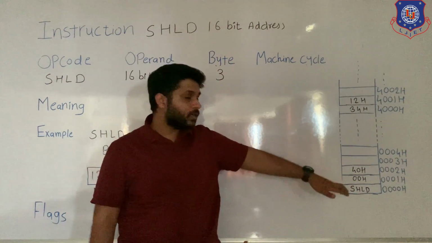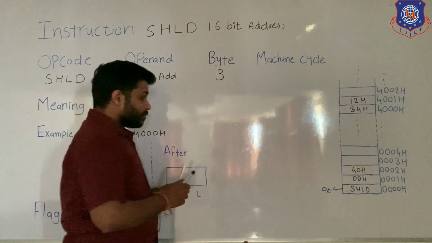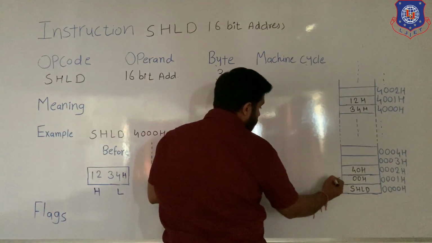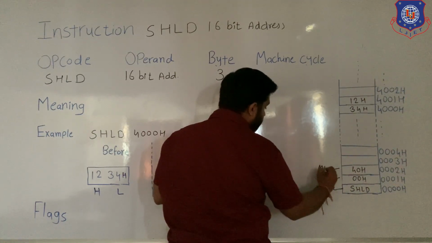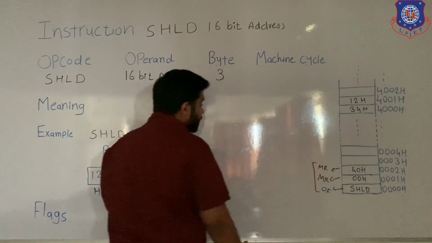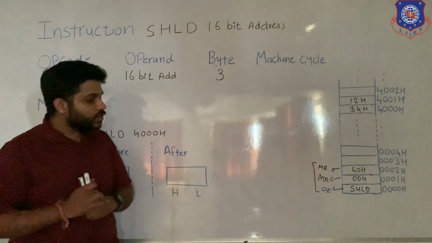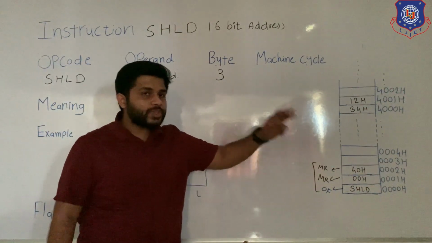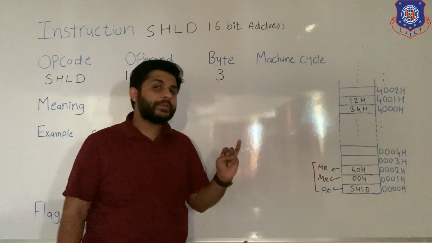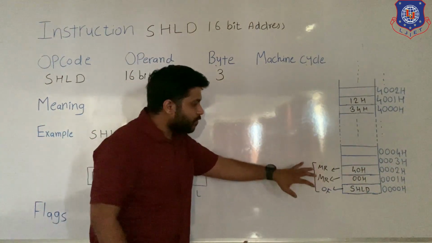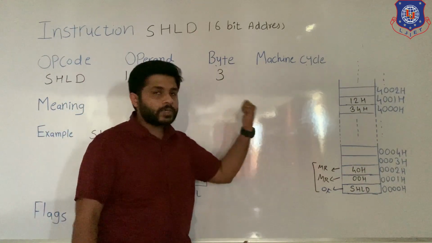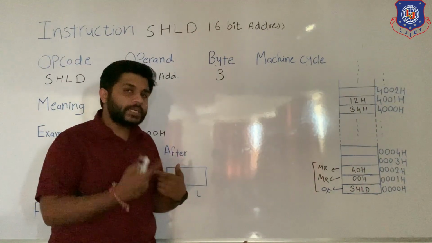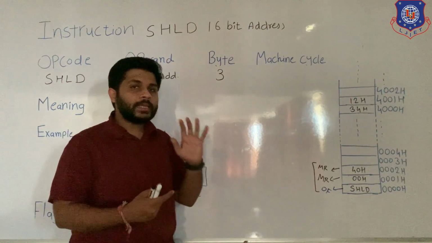So after the opcode fetch, the processor will perform a memory read, and after that one more memory read. It means to read this whole instruction, the processor has to perform 3 machine cycles: opcode fetch, memory read and memory read. After these 3 machine cycles, the instruction will be transferred to the microprocessor. The processor will decode, and after decoding it will execute.